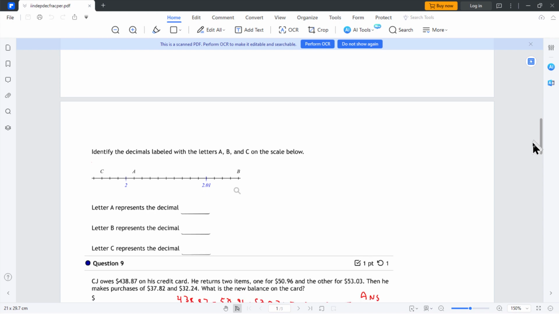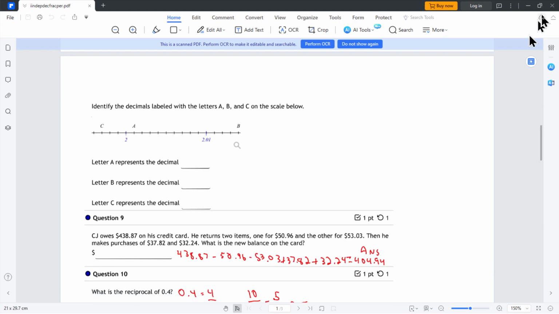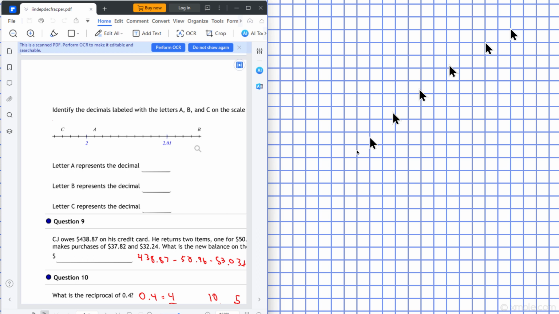Number 8, this one here. Let's see if I can get this one pulled up. I'm still working on it.